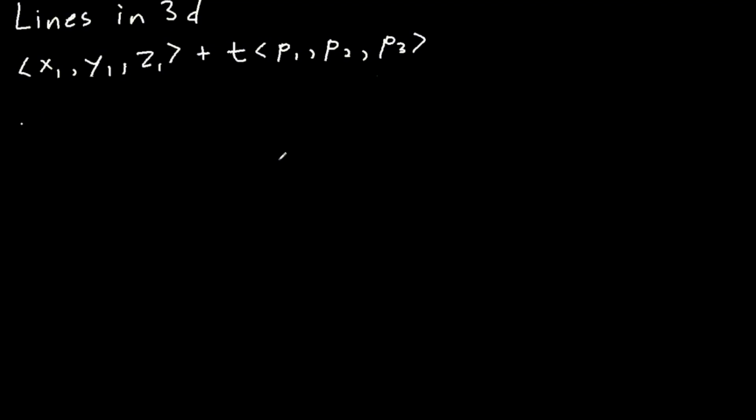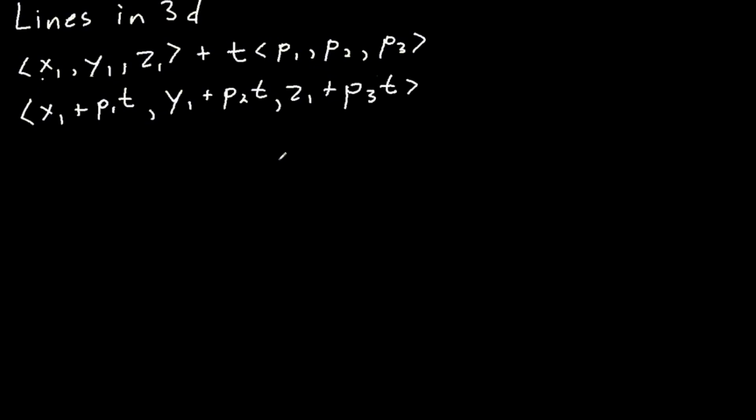So I can actually represent this vector as x1 plus p1t, comma, y1 plus p2t, comma, z1 plus p3t. As you can see, all I did was plug in x1, plug in y1, and plug in z1.